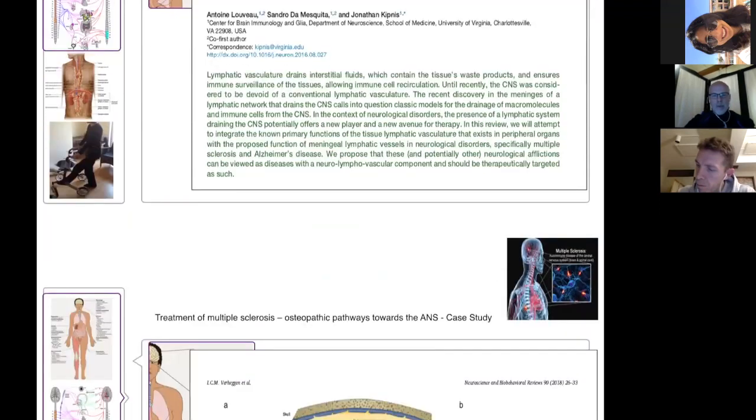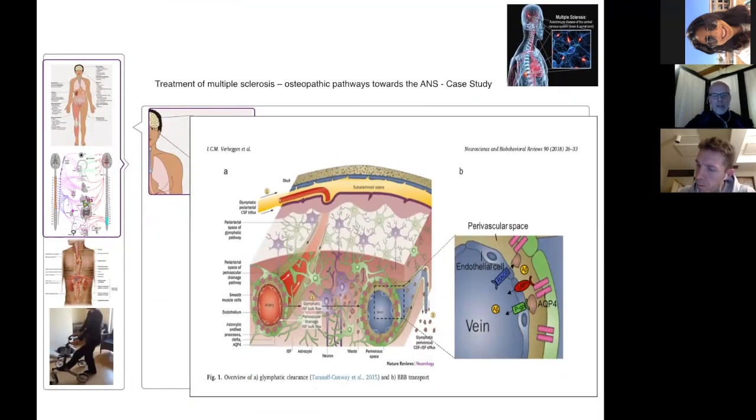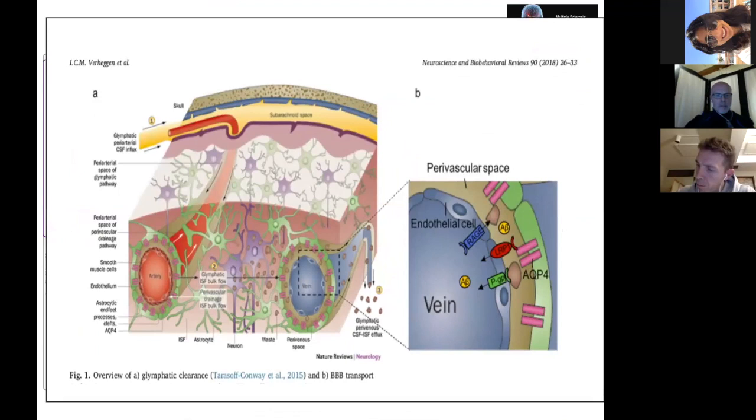So continuing from that, we'll see here that we have a specific relationship that we can start to interface with in terms of lymphatic clearance, and of course the relationship of the blood-brain barrier transport within the cranium.